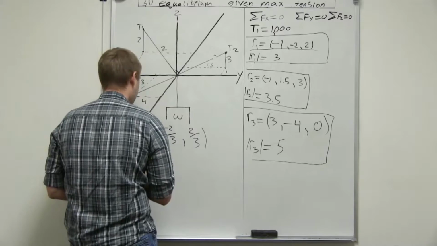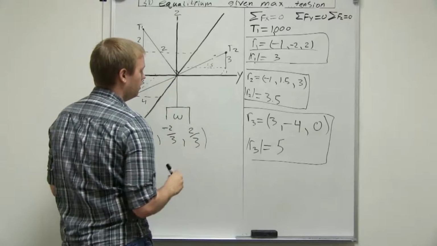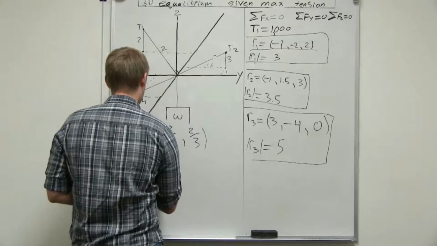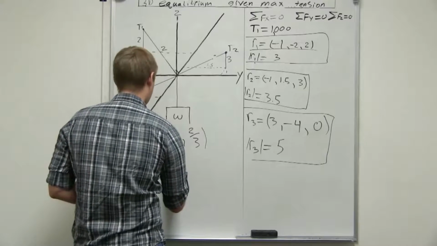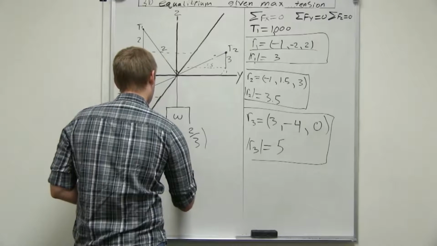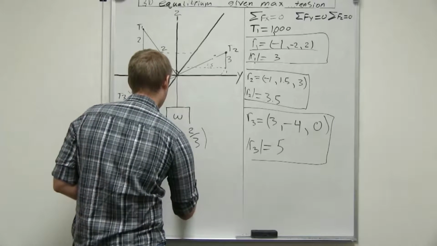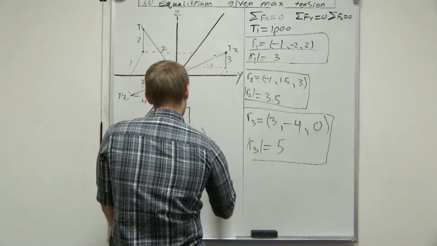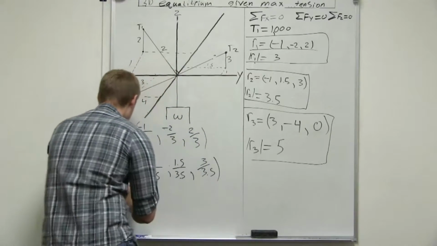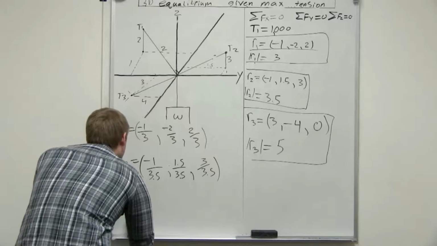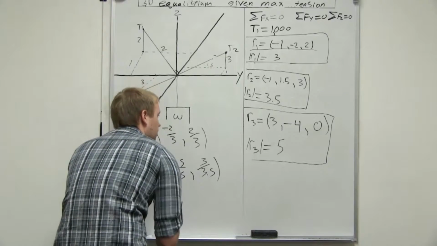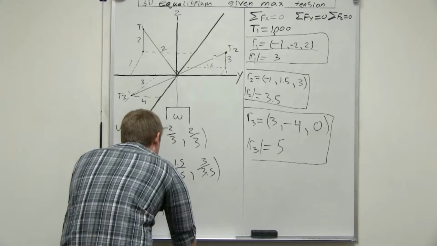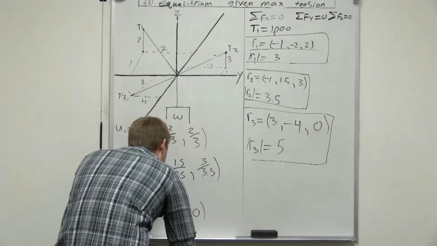Unit vector 2 equals -1 over 3.5, 1.5 over 3.5, and then 3 over 3.5. Okay, and then unit vector 3 equals 3 over 5 and -4 over 5 and 0.